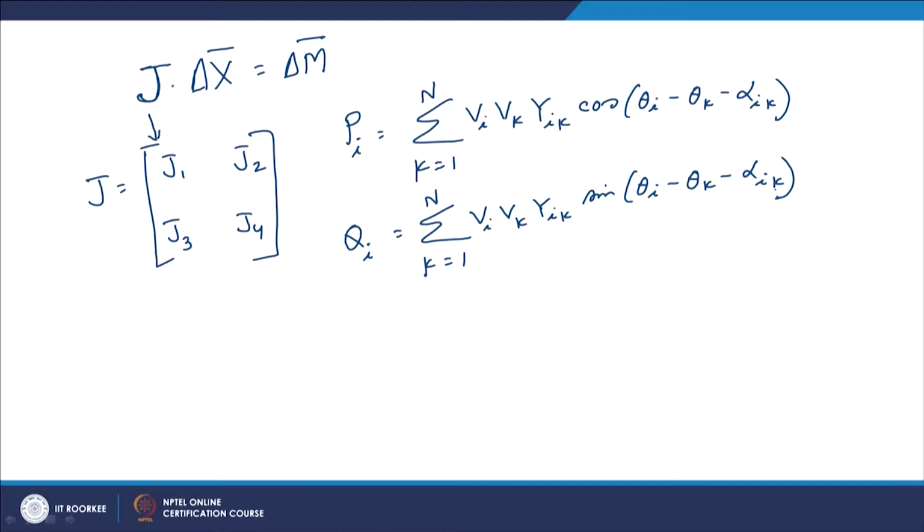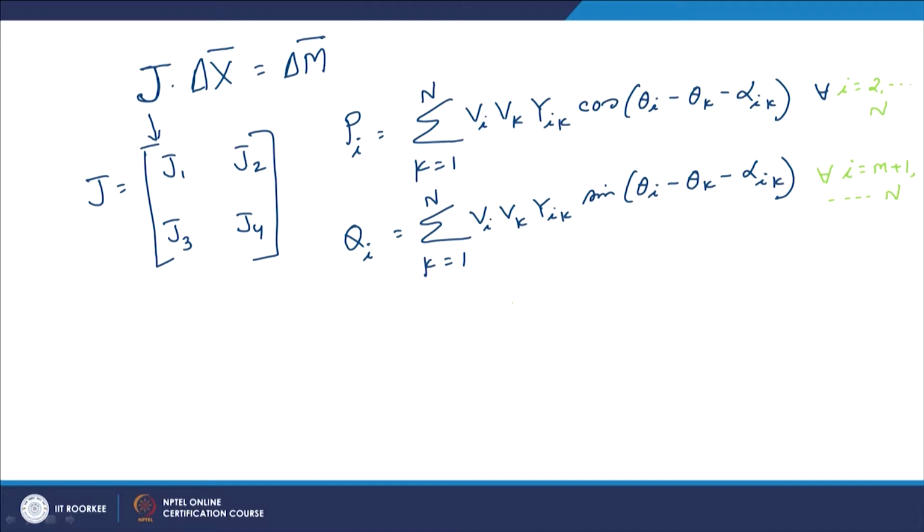Here we again recollect that Pi and Qi are nothing but the injected real and reactive power at bus i. Pi is for i is equal to 2 to N, and Qi is for i is equal to m plus 1 to N, and we have also defined what N and M are.